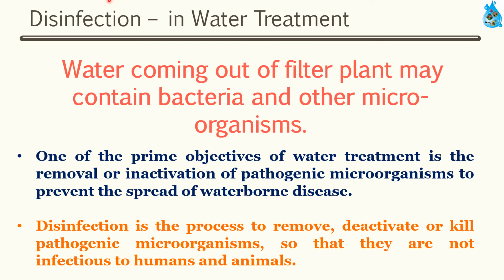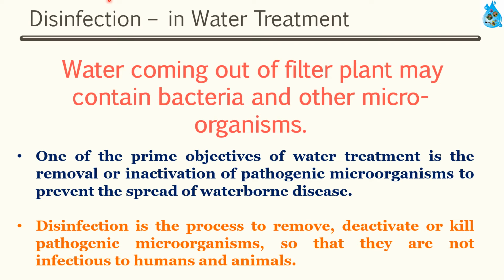The immediate treatment before chlorination is filtration. Our filter plant may contain bacteria. The filter media also may have some bacterial infection or other microorganisms. So it is necessary, after the water comes out from the filtration unit, to disinfect it.